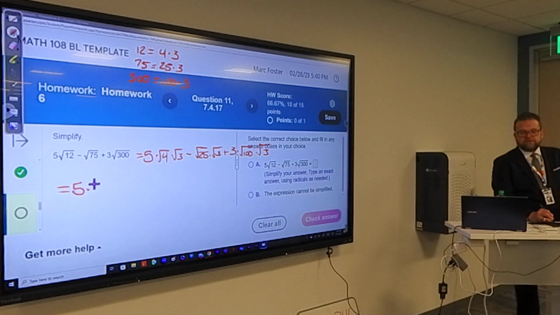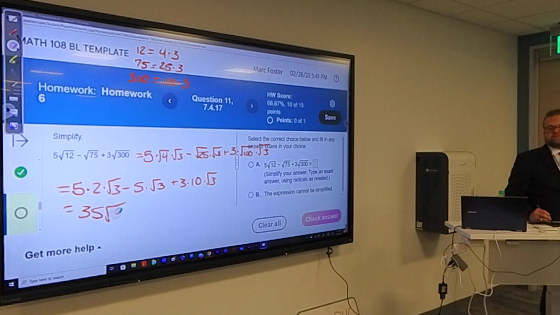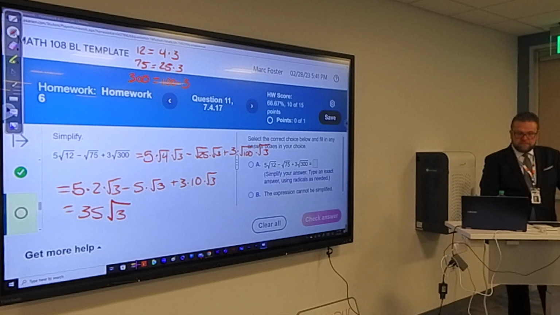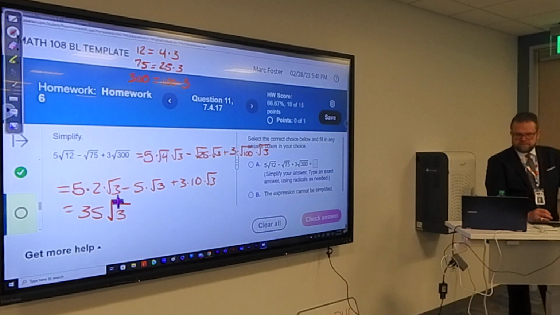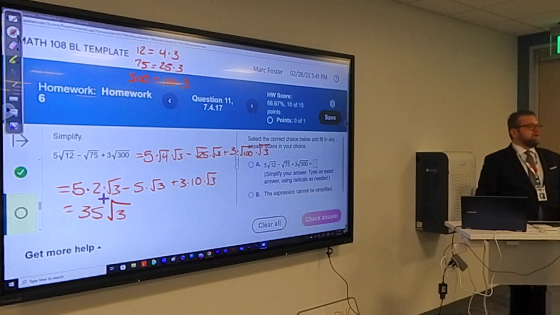In turn, I would get 5 times 2 times root 3 minus 5 times root 3 plus 3 times 10 times root 3. Everybody good on this one?